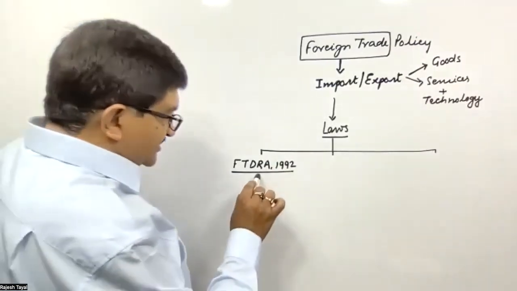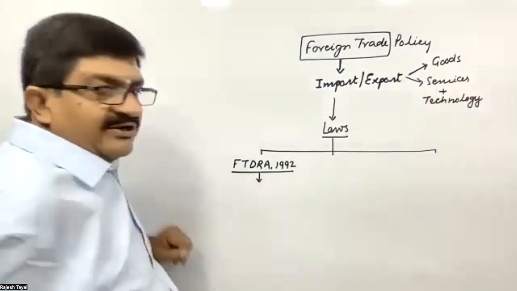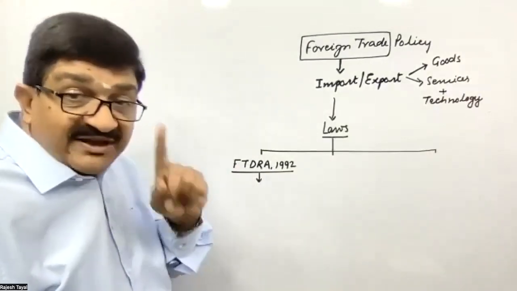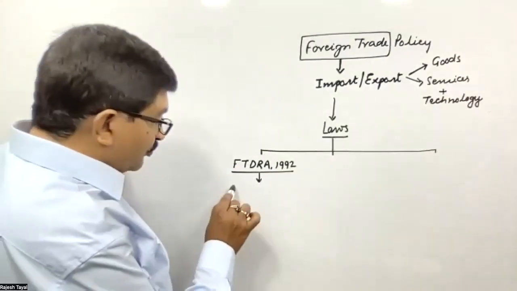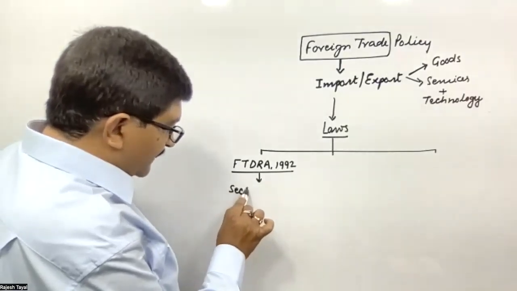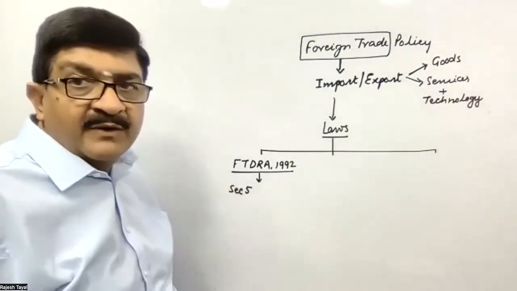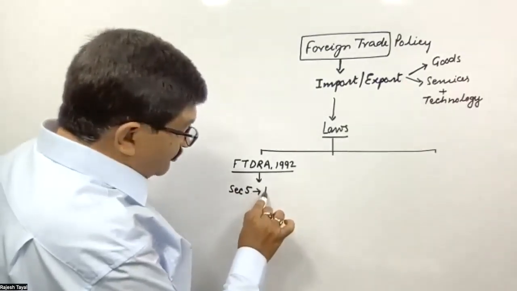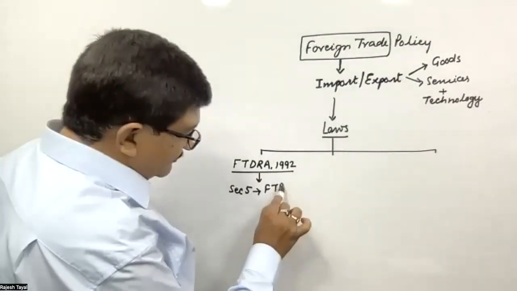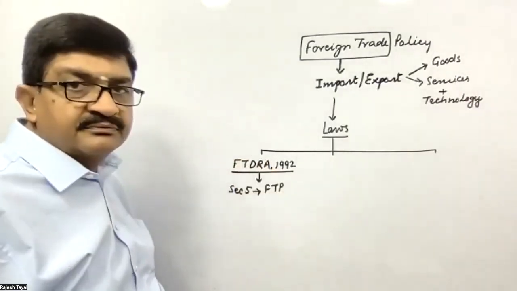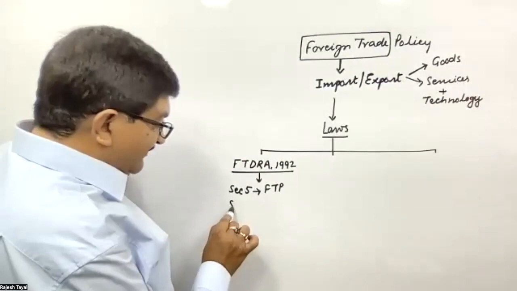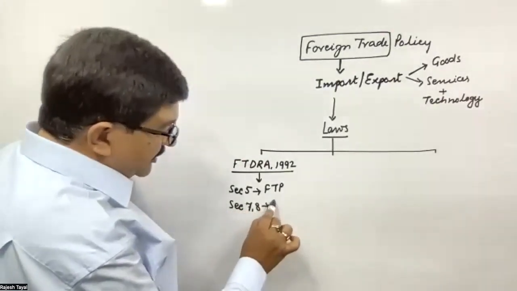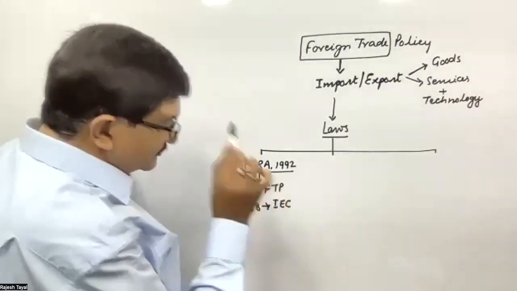And under this act, two sections are really very important, or rather three sections are very important for you. One is section 5. Section 5 of this act authorizes the central government to make the foreign trade policy. Section 7, rather 7 and 8, this provides for importer-exporter code number.